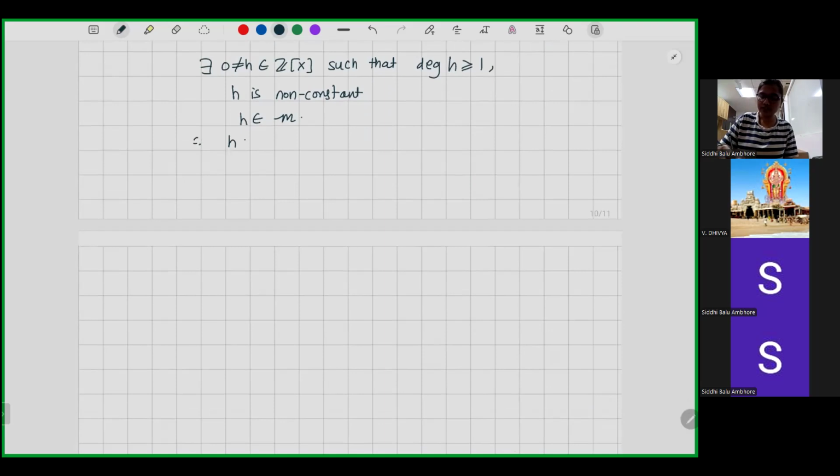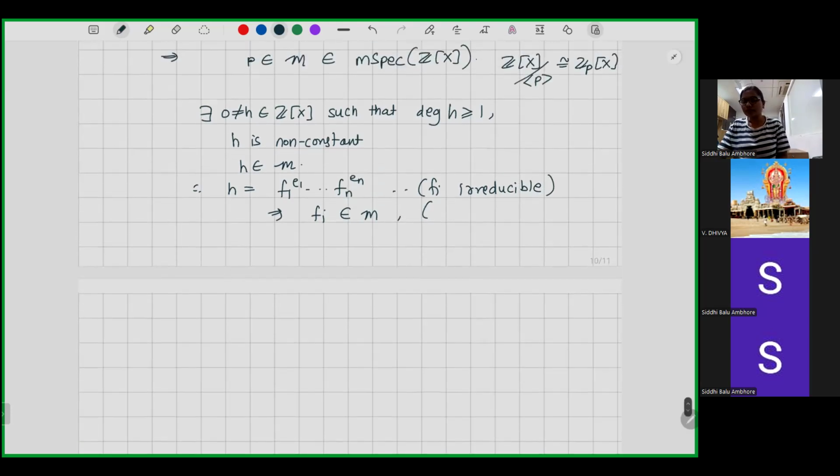So therefore, if this H is of the form F1^e1 F2^e2 ... Fn^en, then each Fi belongs to M, where each Fi is irreducible. When I started, this H could be any polynomial. I cannot conclude there itself that H has to be an irreducible element.